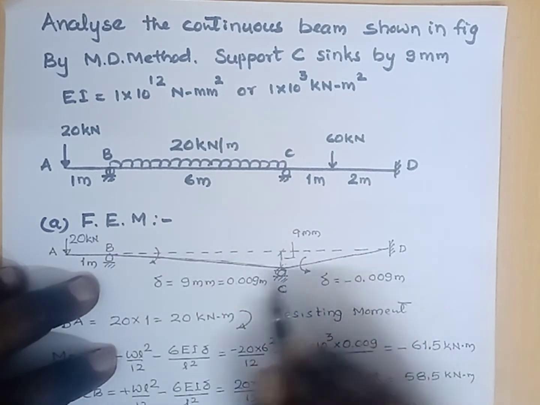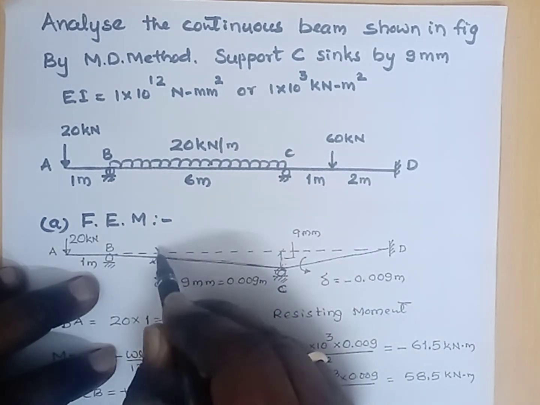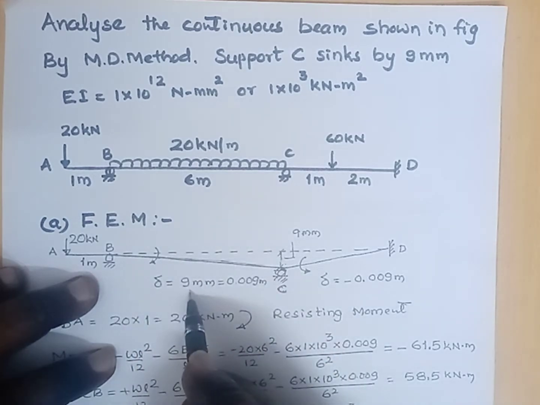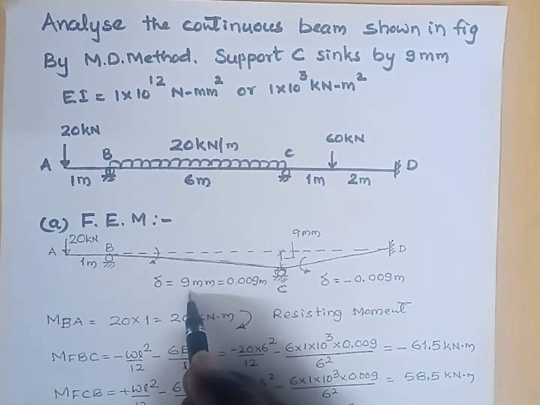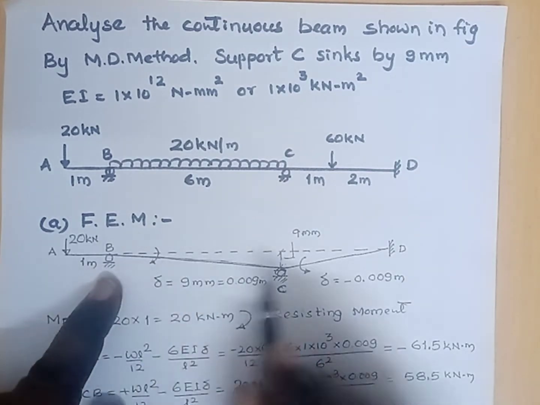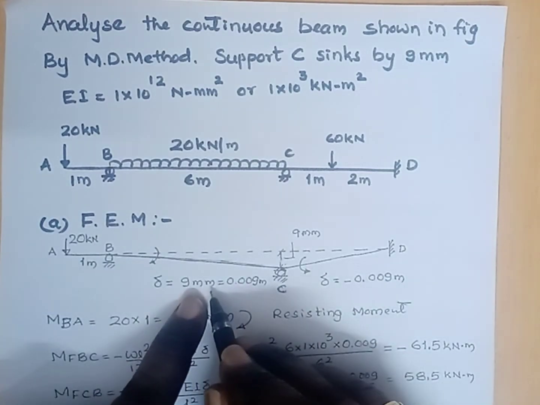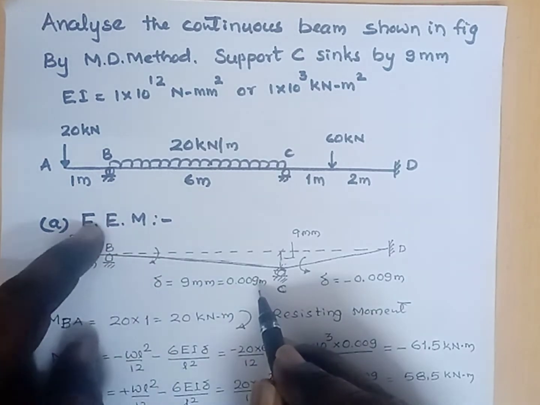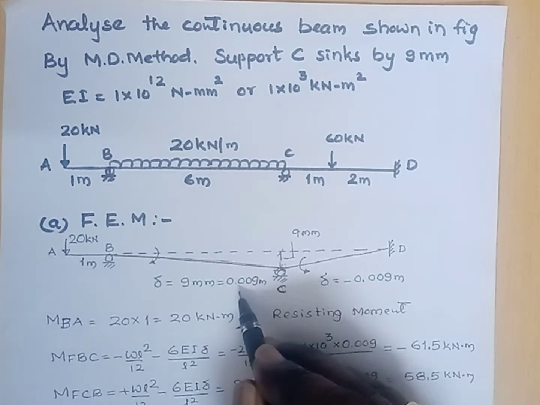Then with respect to its original position, the rotation is clockwise, hence delta equals 9 millimeter as per our sign convention given in the previous video. For this span BC, that is 9 millimeter or 0.009, the rotation is clockwise, hence delta is positive.